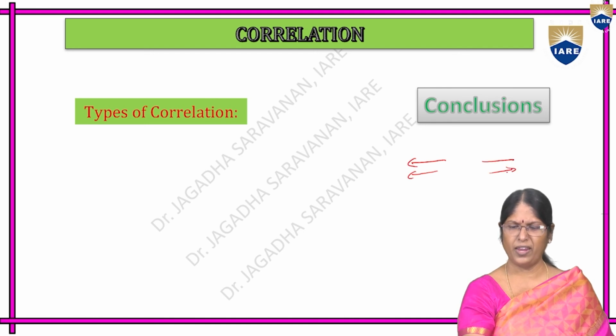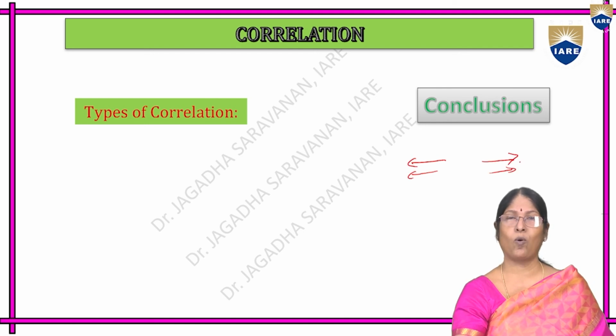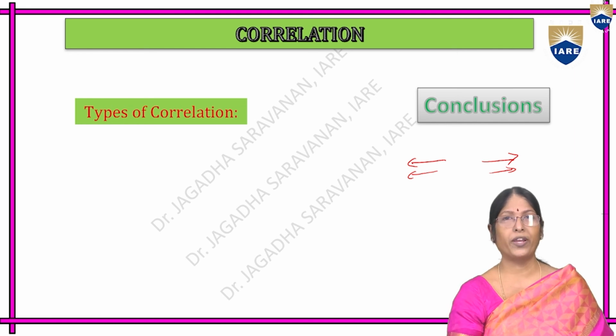If they move in opposite directions, it is negative. We talk about only two variables as simple correlation, and more variables as multiple.